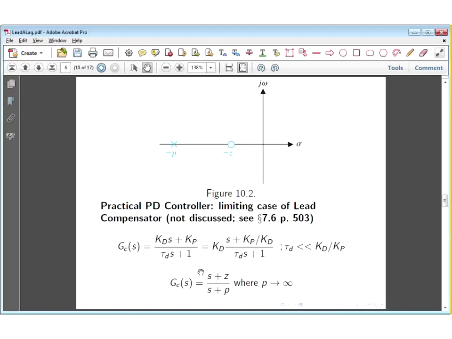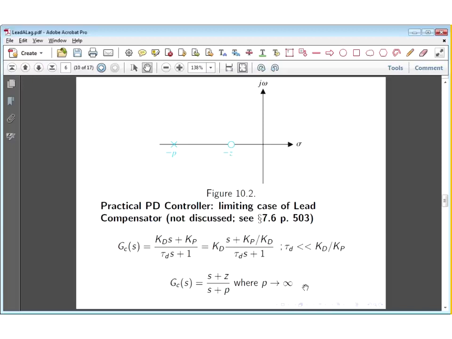And if we now compare this to the design definition of the lead compensator, we see that we really have the same, where the zero is at the value Kp over Kd, and of course where the pole p just becomes very large. The pole p is really the reciprocal, 1 over tau d, and you can think of it as that p goes to infinity or becomes very large.